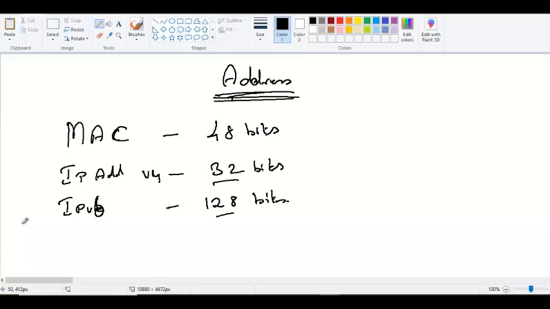We call it dual stack. Some of the customers may be in IPv6 already, and some of the branch offices may be in IPv4. So now you can talk both to the branch office that has IPv6 as well as the branch office that has IPv4. We have this type of dual stack during this migration period.